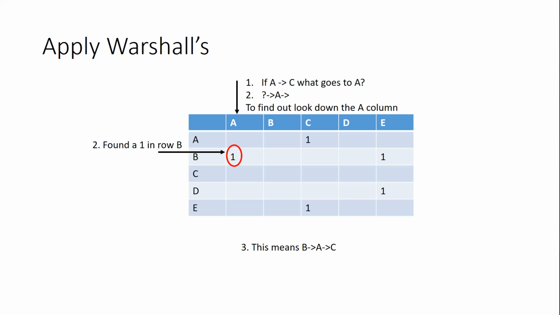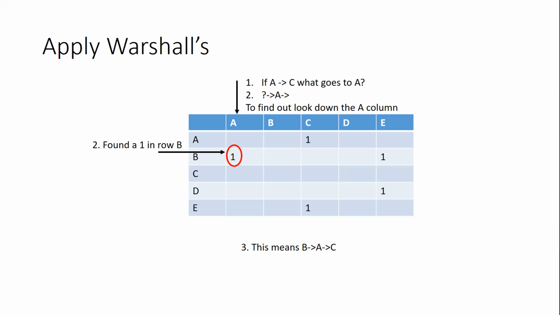If A goes to C, what goes to A? Well, I can express this as question mark arrow A arrow C. To find out what goes to A, we look down the A column.